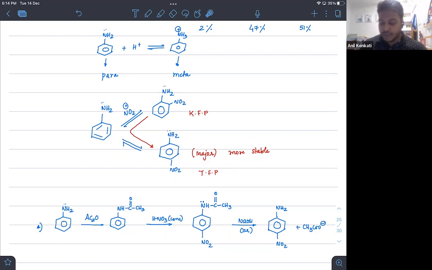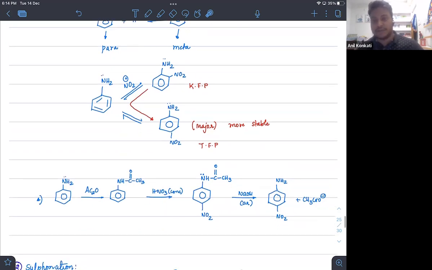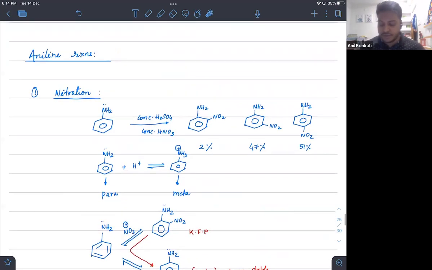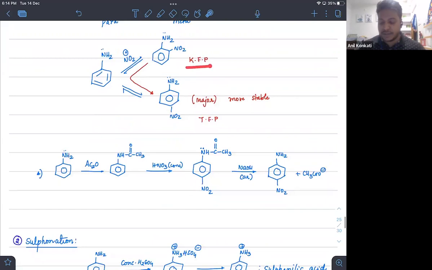Hence, whatever the ortho product is, it can again take this equilibrium route and try to convert most of it into para product. Correct? Because whenever you use concentrated form, there is sufficient heat, which will make this kinetically favored product into more thermodynamically favored product, and the major product will only be para and ortho product is avoided.